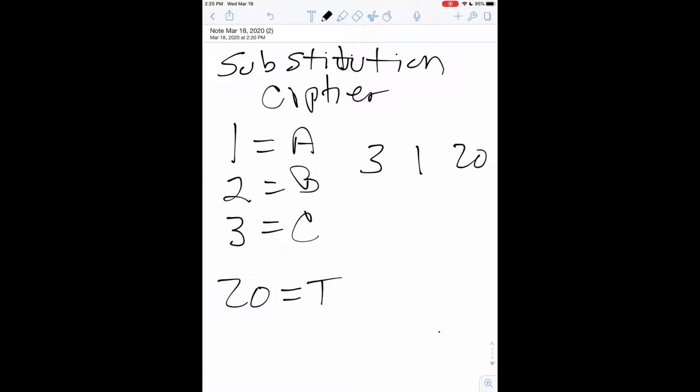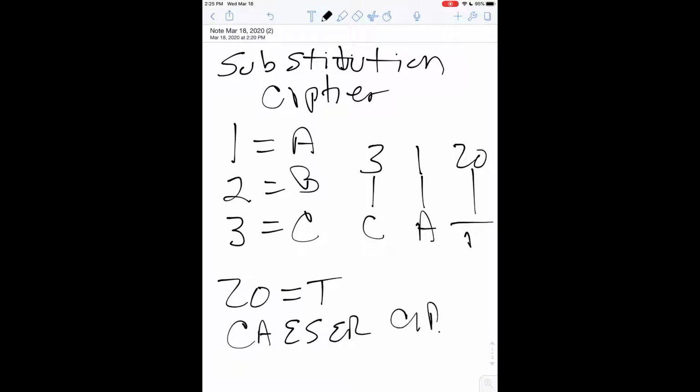And you just simply substitute to decrypt this. 3 would be C, 1 would be A, and 20 would be T. Again, a simple substitution cipher. The most common substitution cipher, which is basically what we've done here, is called the Caesar cipher. And again, just a simple substitution like this.